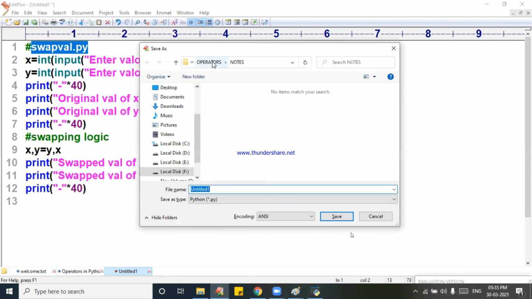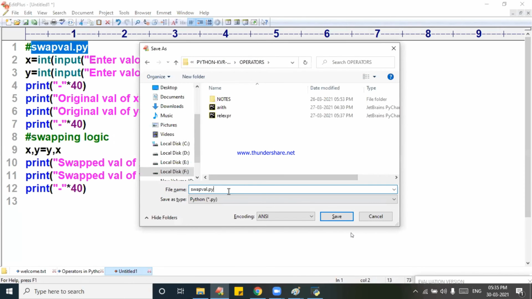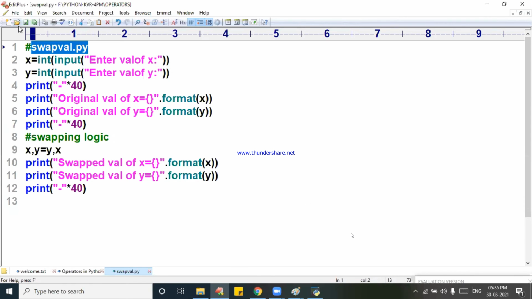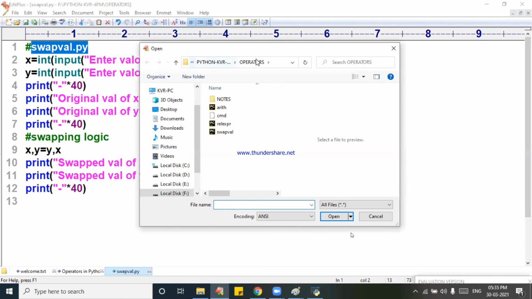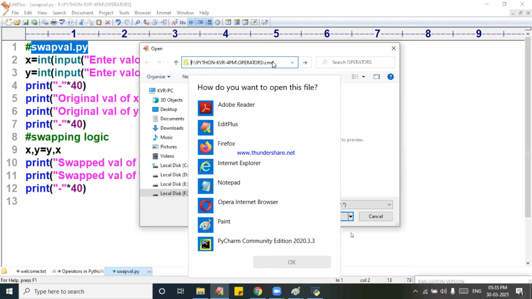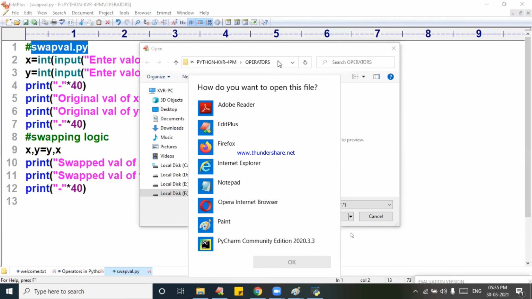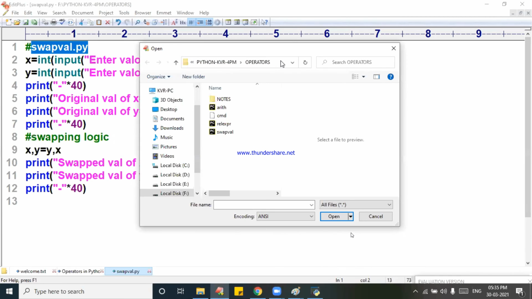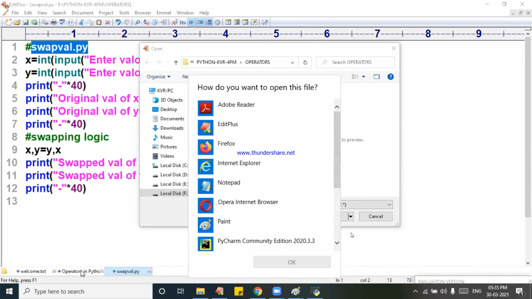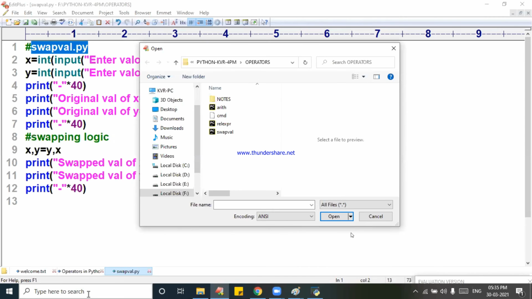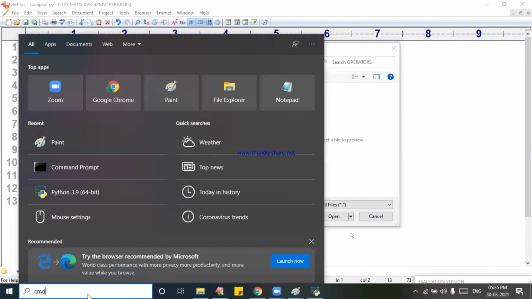Go to this operators folder, swap.py. Directly go to the command prompt, cmd.